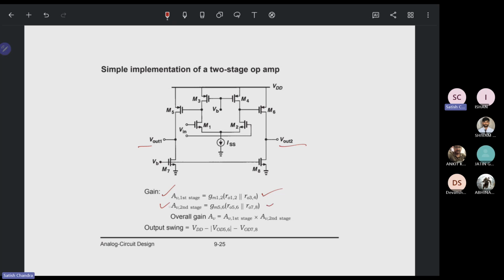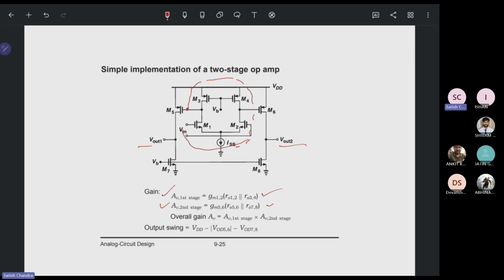Basically, for the first stage only M1, M2 and M3, M4 are considered. You can see it here in this one. This part is considered for the first stage. For the second stage, this outer part gives you the second stage.